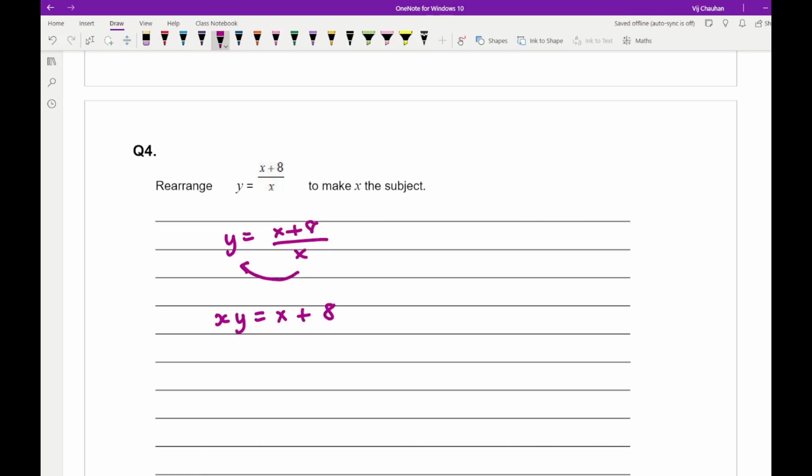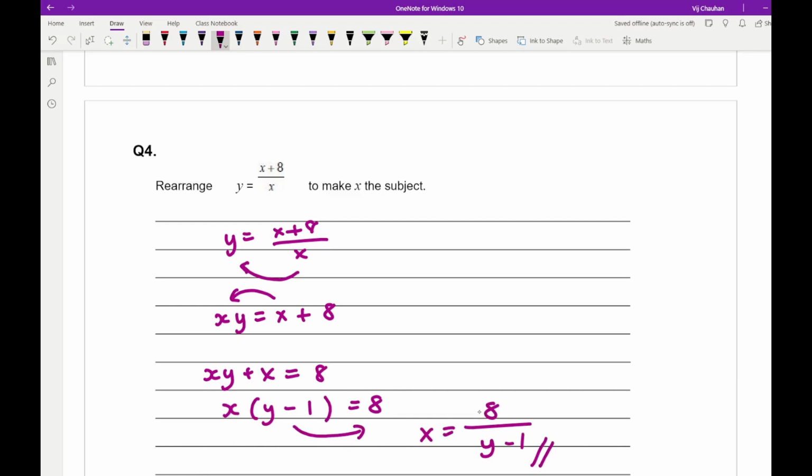So I've got x's on both sides, so I want to take this x over to the other side. So I've got xy minus x equals 8, and then I want to factorize, so I've got x times y minus 1 equals 8, and then take this bracket over to the other side, so I've got x equals 8 over y minus 1.